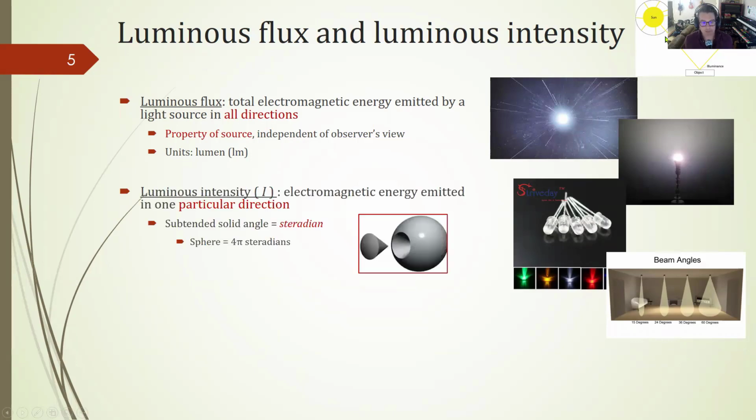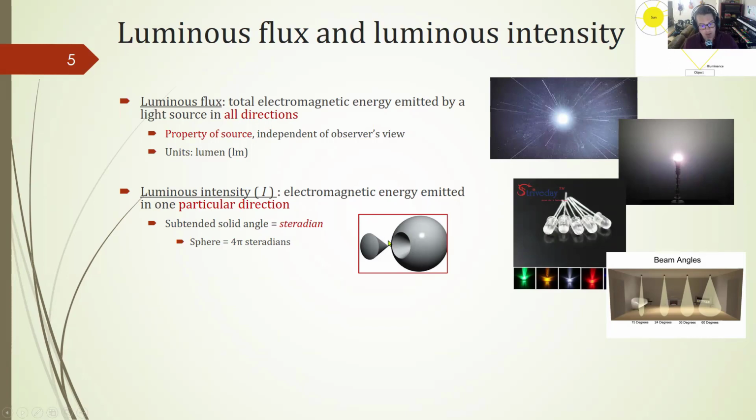Next, the luminous intensity. Now we have a letter to go with this: the variable I, because intensity starts with an I. Just remember, we're talking about the intensity of the luminous energy, which also is talked about in terms of lumens. However, we have to specify the difference.